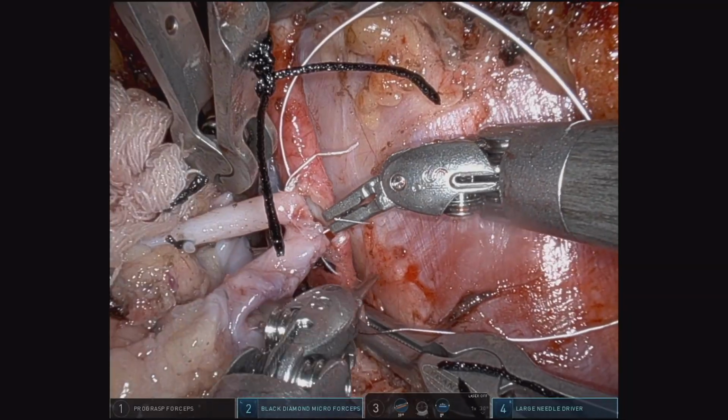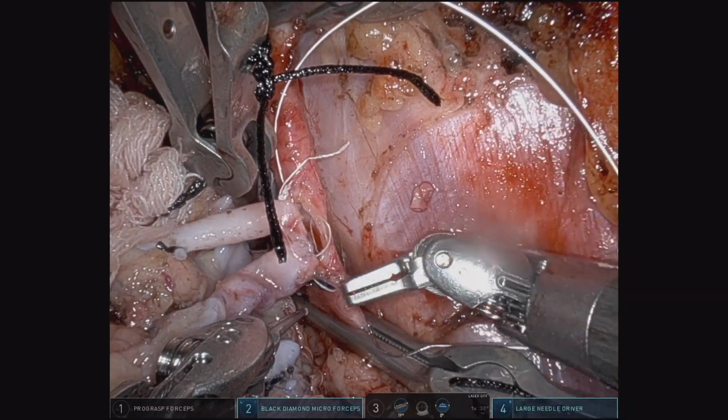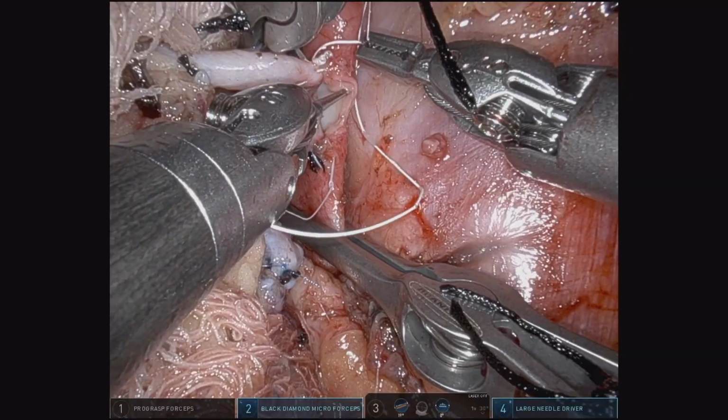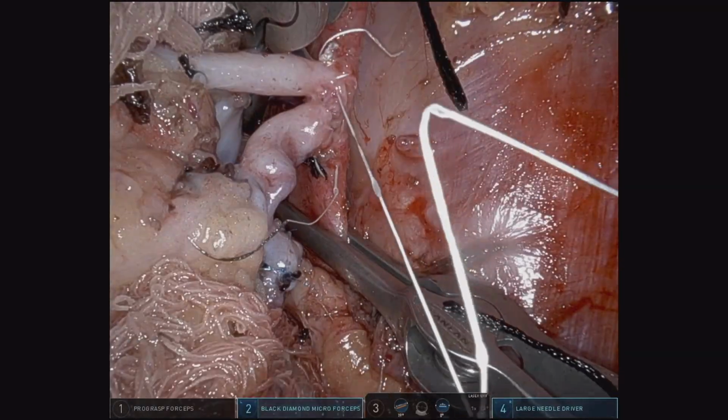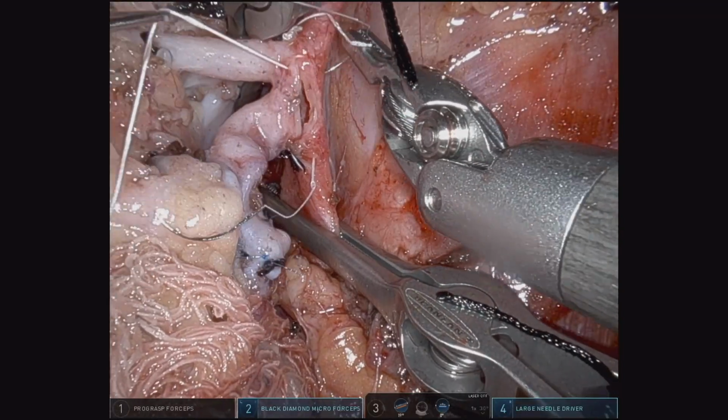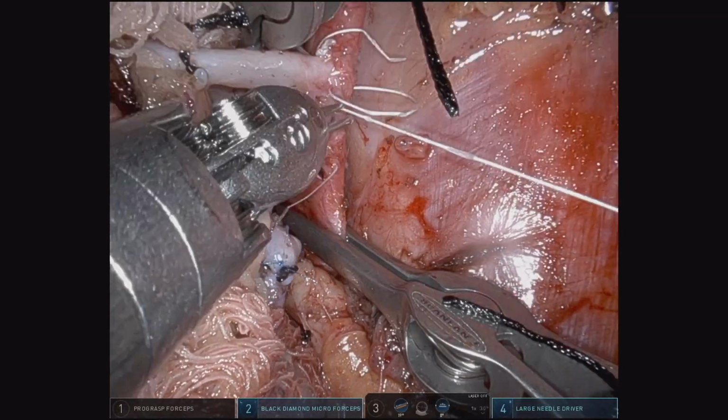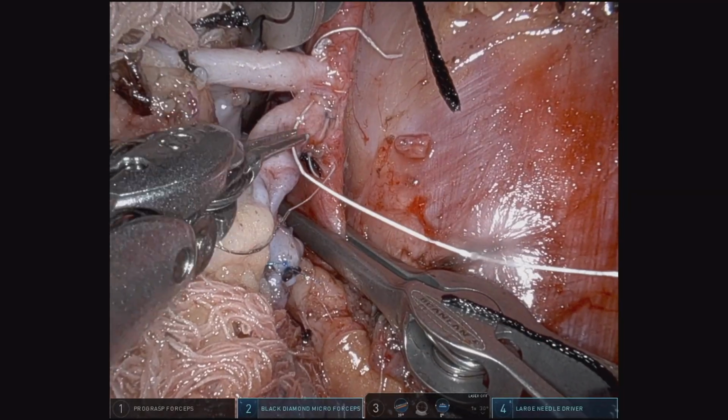Same technique is used as the vein, with the reconstruction of the back wall of the anastomosis followed by the front wall. 6-0 Gore-Tex suture is again used.